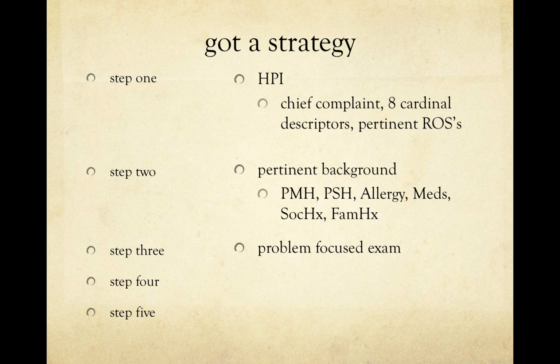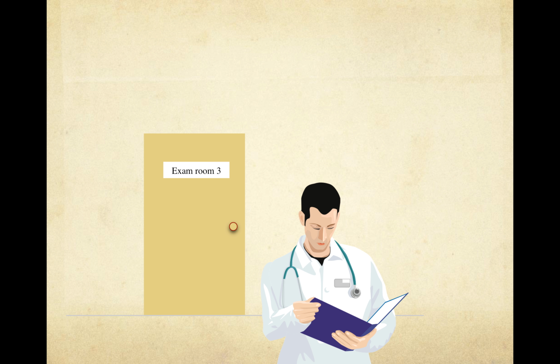Then you'll do an appropriate physical exam, again, to give you more ideas about what might be going on with the patient at hand. Then you'll do some thinking. You'll construct a differential diagnosis of the possible diagnoses causing the patient's complaint, and then you'll propose a plan, how you're going to get to work on diagnosis and treatment productively with the patient.